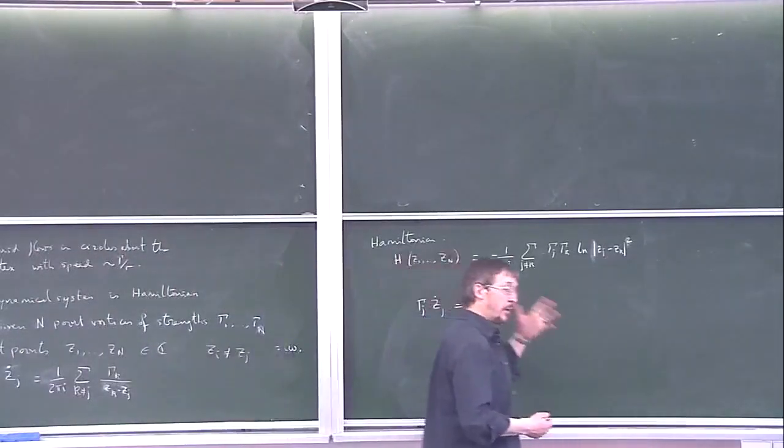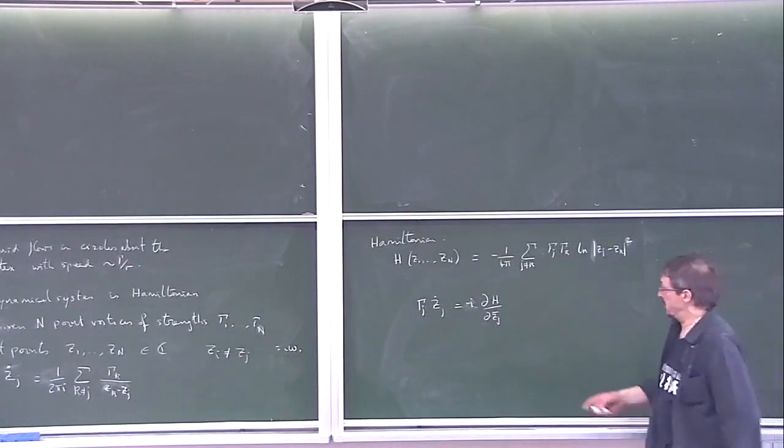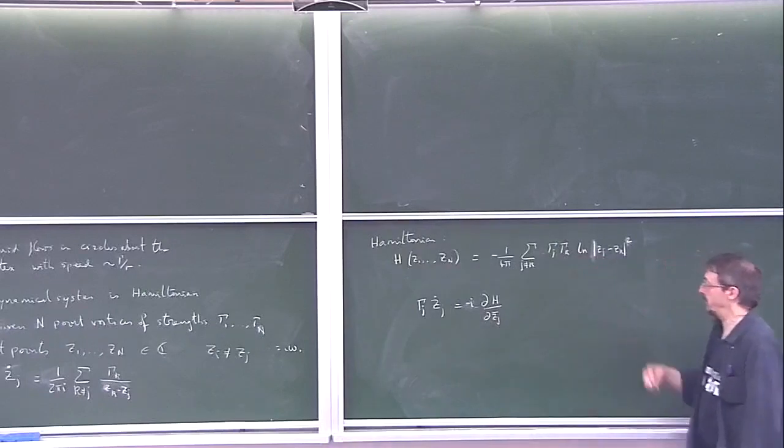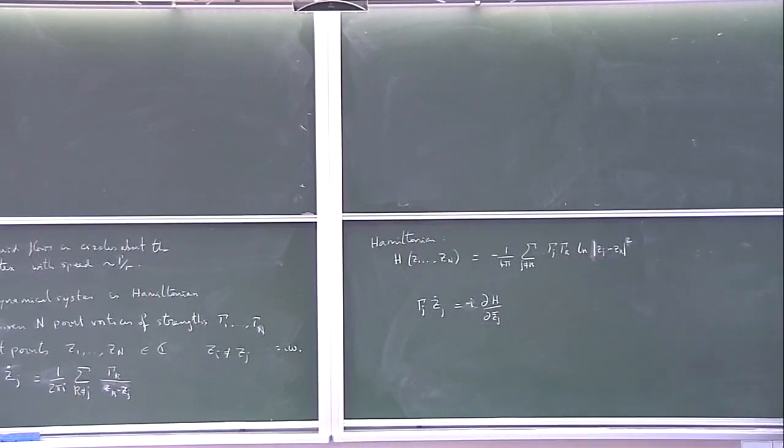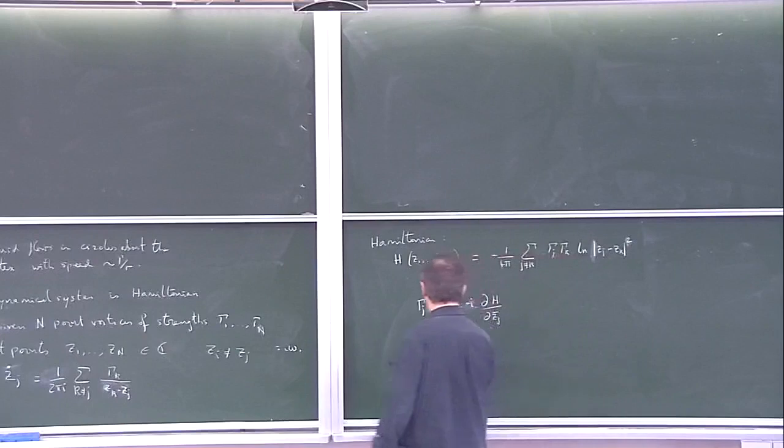This is written in complex notation, but there's the complex conjugate one as well. So you have 2n of these equations altogether.